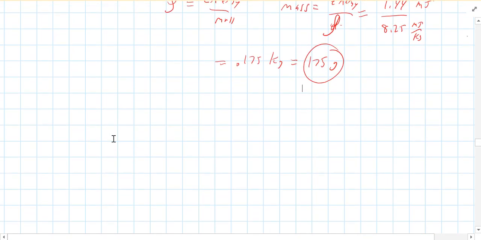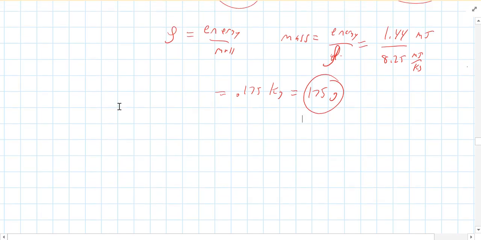Now, I want you to imagine how much that is for, let's say, 100 million people watching their TV set for 1 hour in one day. That's a very conservative estimate in the United States. Well, then you're talking how many kilograms?